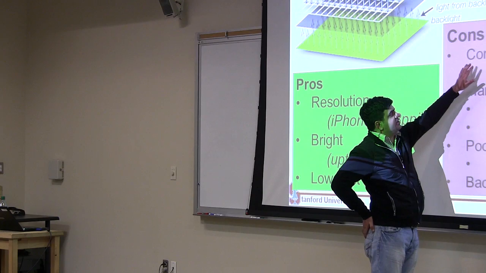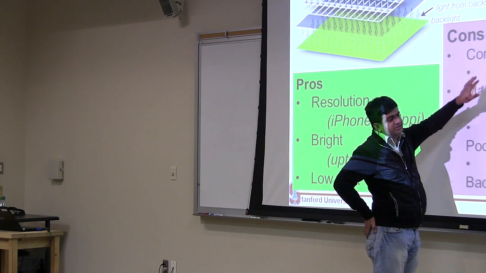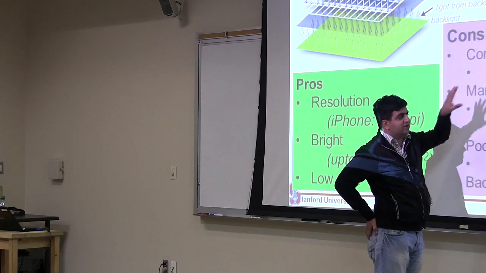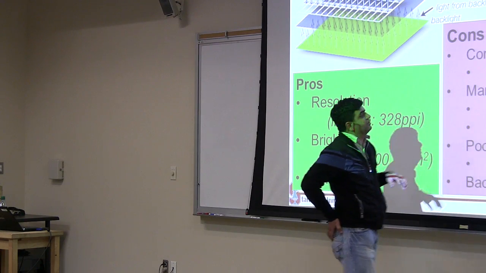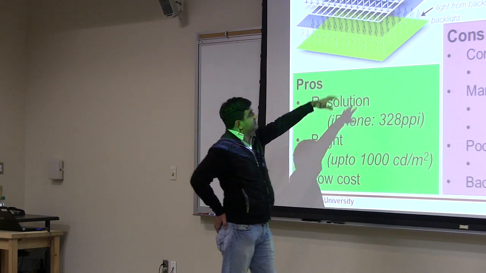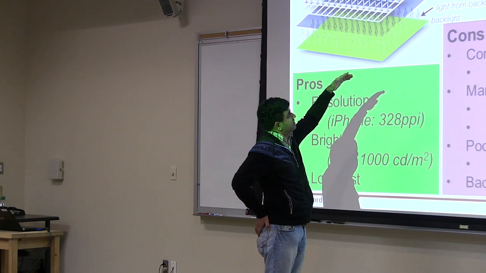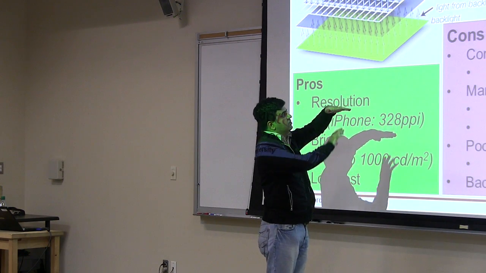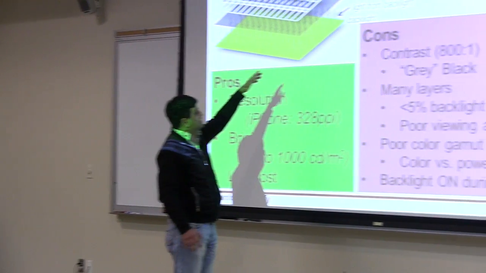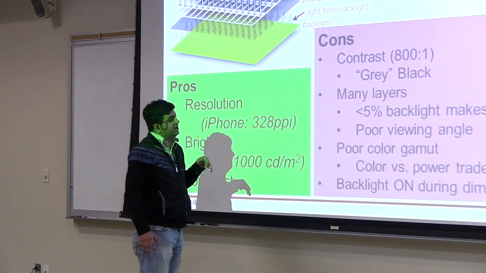So your contrast in your LCD display is limited by these gray blacks. These blacks are not completely black because there's still some light leaking out. And again, there are many, many layers, and each of these layers will transmit only a fraction of your light, and it will reflect a percentage of your light back.